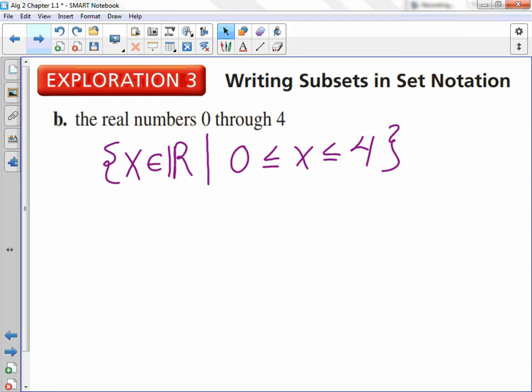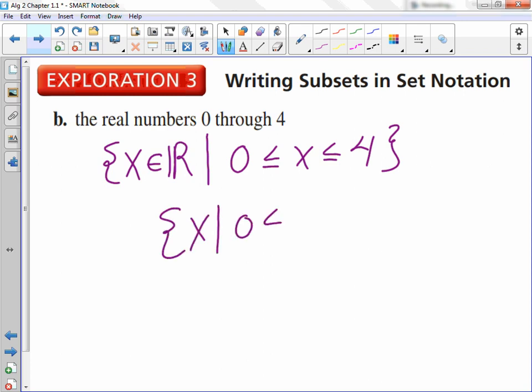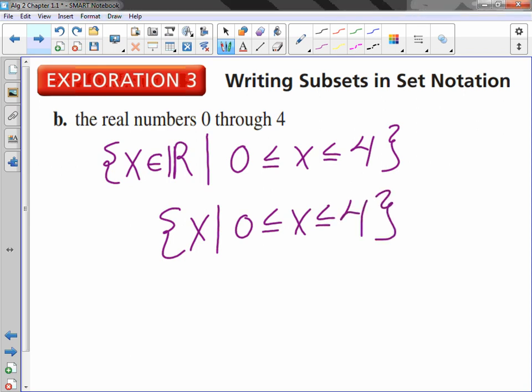Now, as I was just saying a minute ago, we don't have to do this always. If we're talking about the real numbers, it's almost understood to be the real numbers, to where we could rewrite this as the set of all real numbers x such that this here. Questions on this? We go with this here.